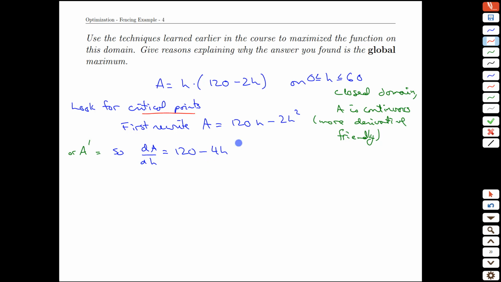Because we're looking for critical points, we are then going to set that equal to 0, because critical points are the points where we have that value equal to 0. Well, that turns out to be a breeze to solve because we have a simple linear function. We're going to get h is equal to 30. So one single critical point.